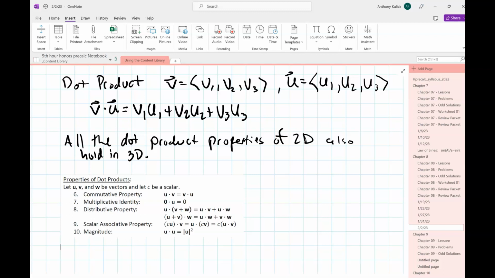Why haven't we talked about this yet? Is it going to be a clean conversion? No, right? In 2 dimensions, what did we describe the direction as? Just that standard position angle, right? Which relied on us operating on the xy axis in 2 dimensions.